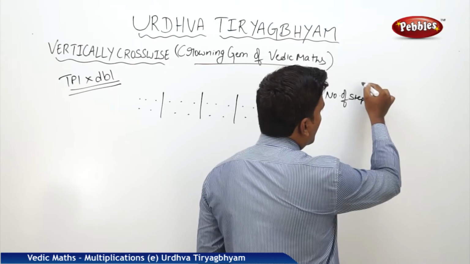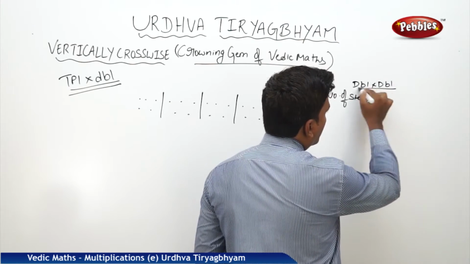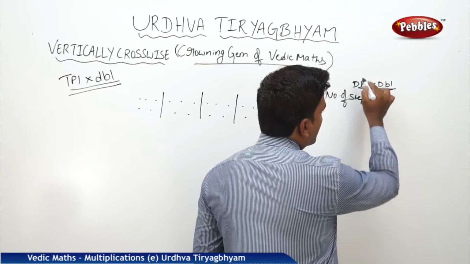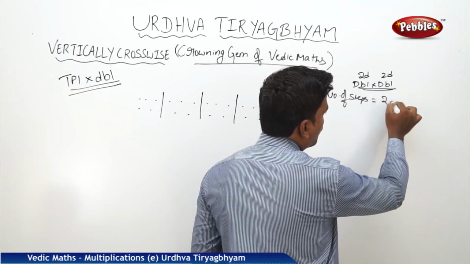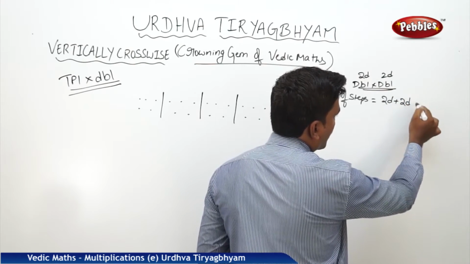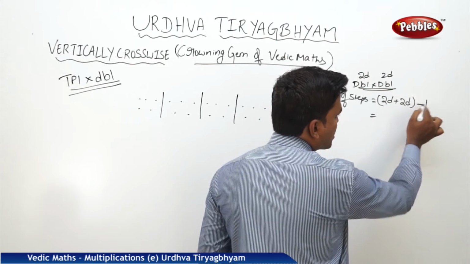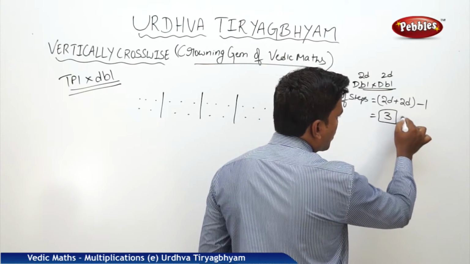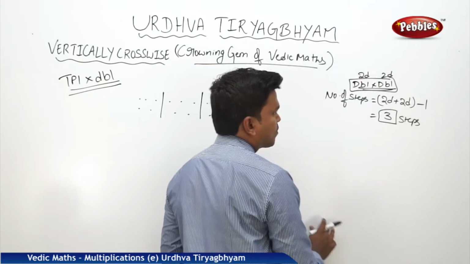So if you are doing double digit into double digit, here there are 2 digits, and in this number also there are 2 digits, 2 plus 2, 4, minus 1, 3. So there are 3 steps in double digit into double digit multiplication.